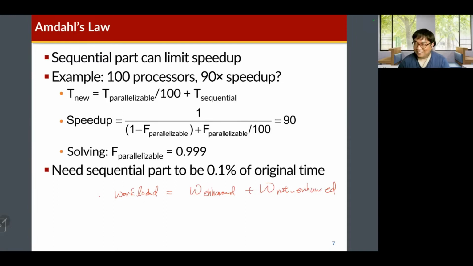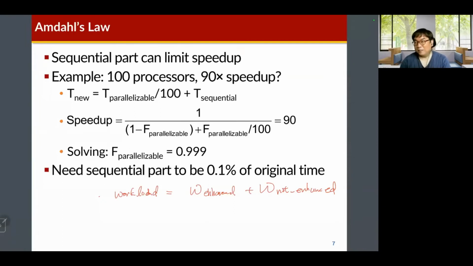It's obvious: if we add new architectural ideas, these ideas cannot improve every part of our workload.